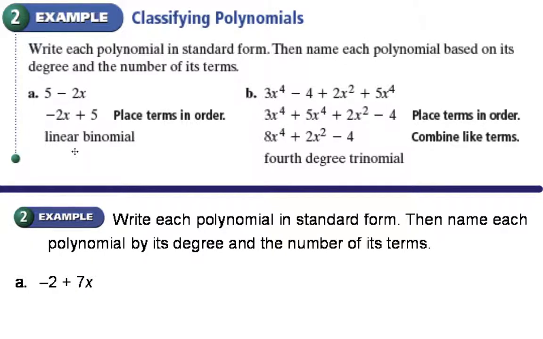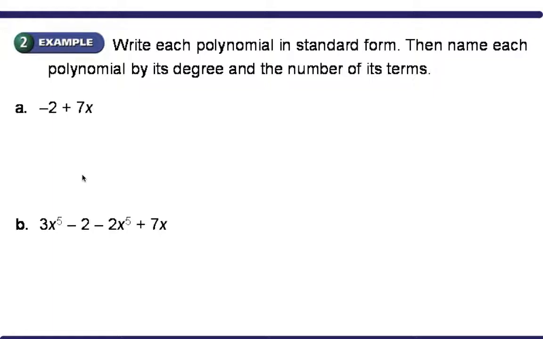Now, let's take a look at this example. Write each polynomial in standard form, then name each polynomial by its degree and the number of its terms. Looking at A, this would be degree 1, and this would be degree 0 because there's no variable, it's a constant. So we need to rewrite this so that it is 7x minus 2.